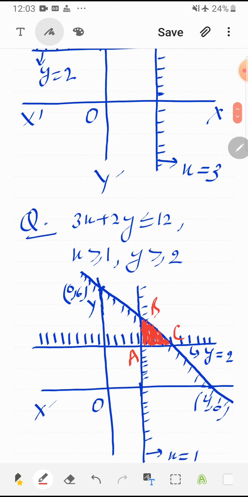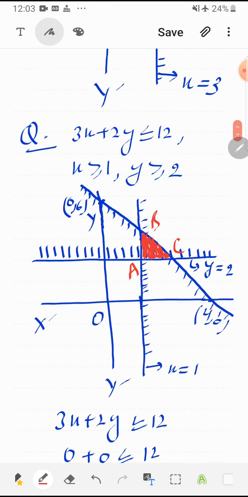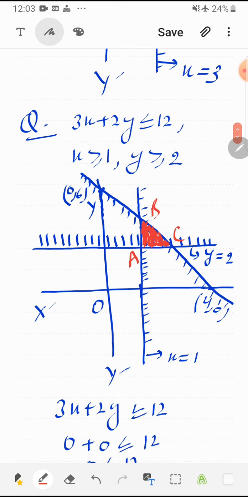Next, the first inequality is 3x plus 2y less than or equal to 12, then x greater than or equal to 1 and y greater than or equal to 2. Here again, first of all let us consider the equality sign only. So 3x plus 2y is equal to 12. When x is equal to 0, y is equal to 6. When y is equal to 0, x is equal to 4.